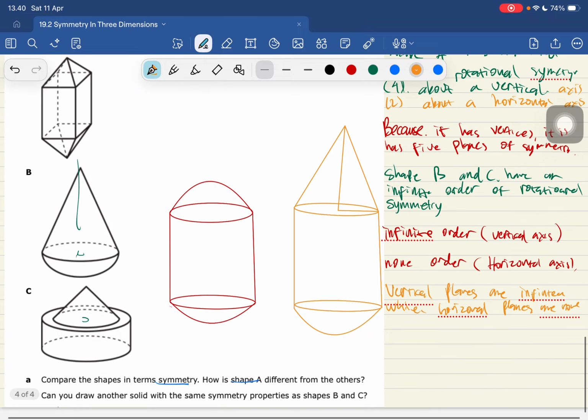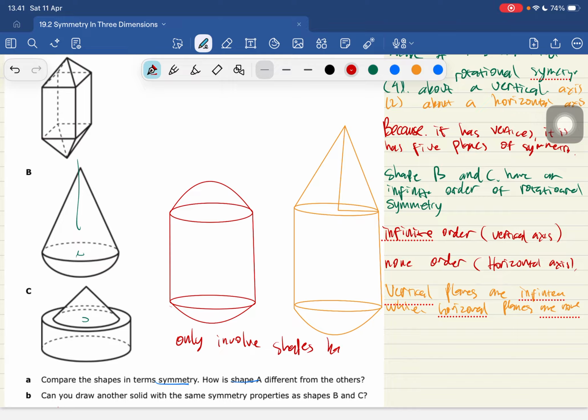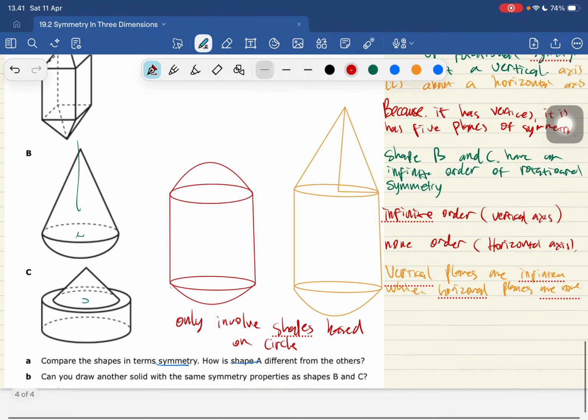Okay, here for B, it can be any of them, but as long as it only involves, let me write it here, only involves shapes based on a circle. Okay, the base needs to be a circle. There it is. Thank you.